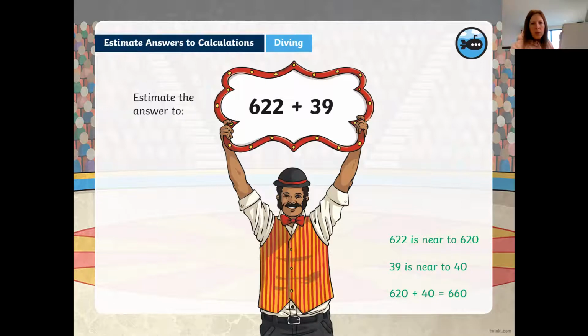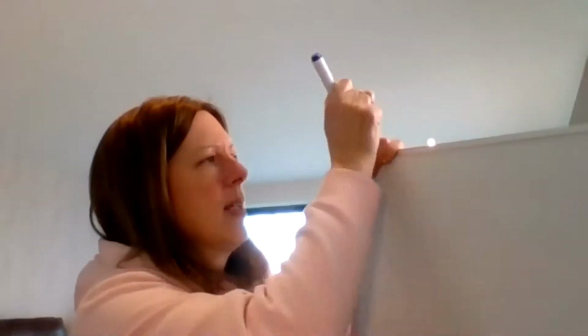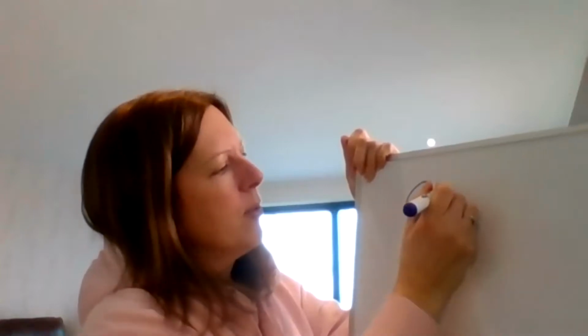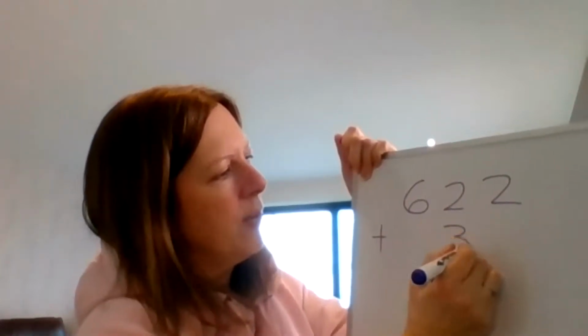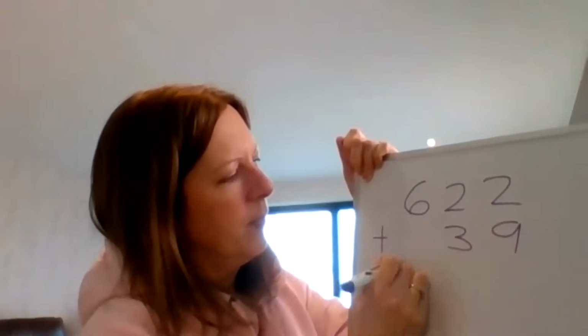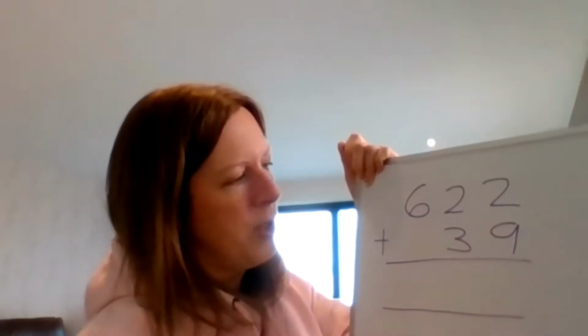So let me just come out of here for a moment so you can see my board. The sum was 622. Remember our column addition, so I'm going to add 39. There's my column addition sum.